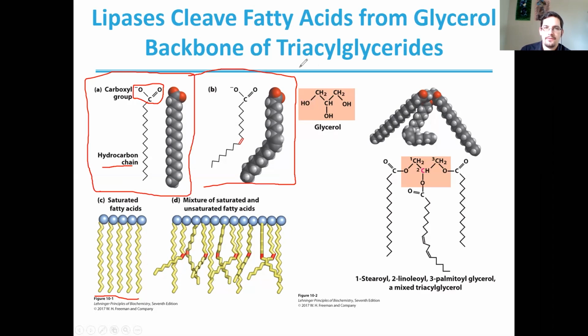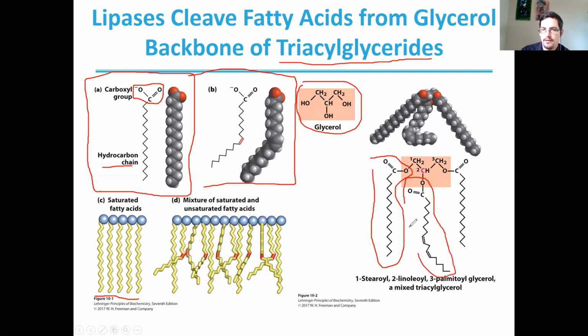Now, all of our fats are usually bound together in triacylglycerides. So again, we have our glycerol, and we're going to bind multiple fatty acids to a single glycerol unit, right? So this would be a triacylglyceride, and then we could cut off individual units to create a diacylglyceride or a monoacylglyceride.